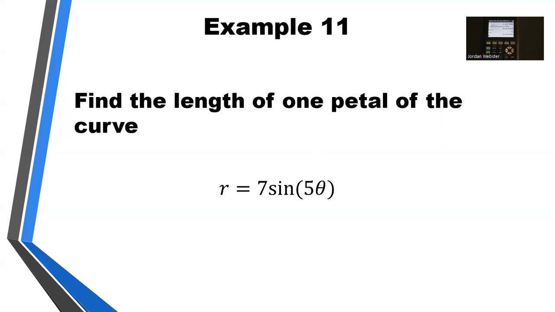So let me do at least one. In this case, I'll do the arc length. So find the length of one petal of the curve r equals 7 times sine of 5 theta. We actually did this one in example 11 of the lecture. So I will just show you how the setup goes and how to do it on your calculator.